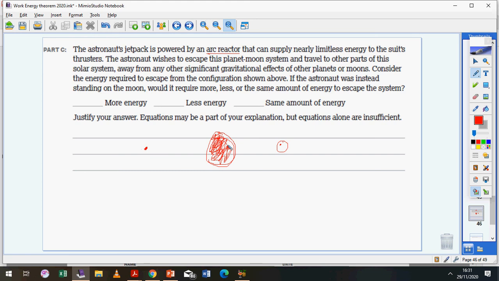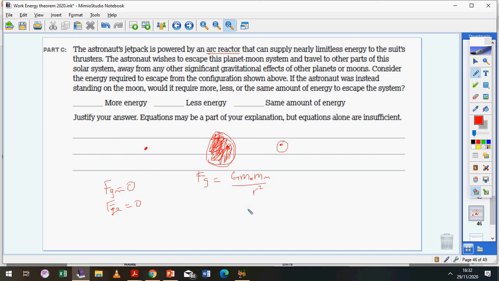In order for him to escape the gravitational effects of this moon and this system, he would have to feel a force of gravity from the moon equal to 0, and a force of gravity from the Earth equal to 0. Now we know the force of gravity from the moon is equal to G, m of astronaut, m of moon, divided by r squared.